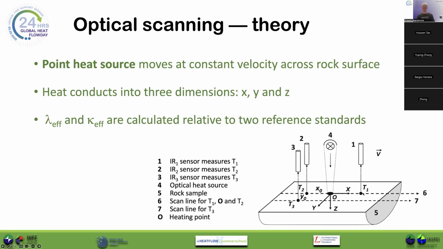And then there's a trailing temperature sensor that follows along behind the heat source, which measures the temperature effect of that heat source at a known distance and time behind the heat source and to the side of it. And from those changes in temperature induced by the point source of heat, we can infer the effective thermal conductivity and even the effective thermal diffusivity of the measurement sample relative to reference standards, which will also be measured at the same time.